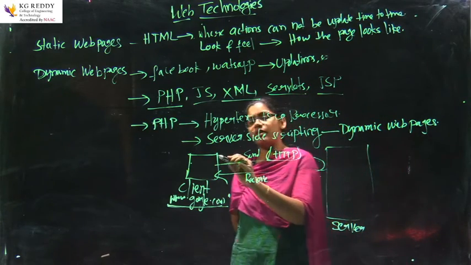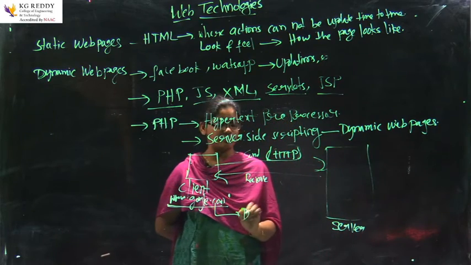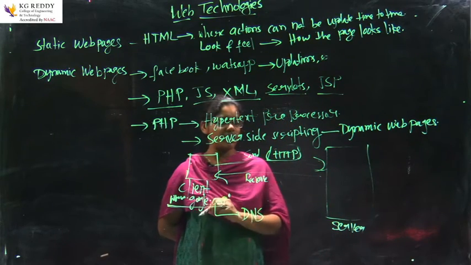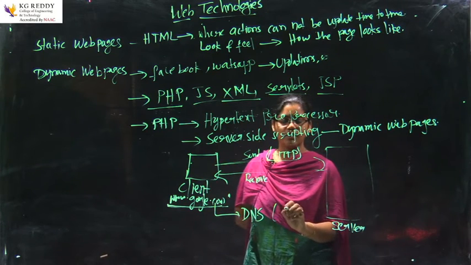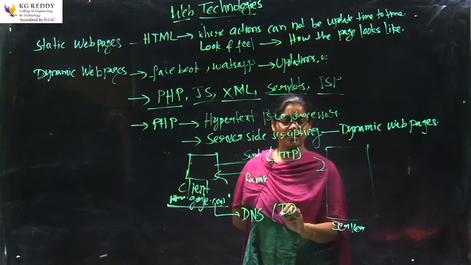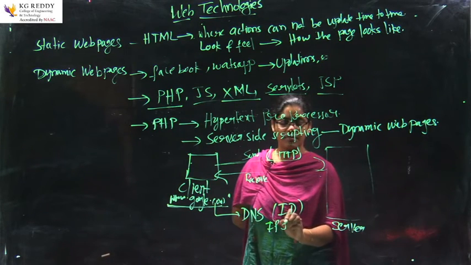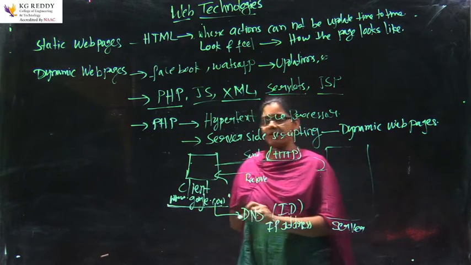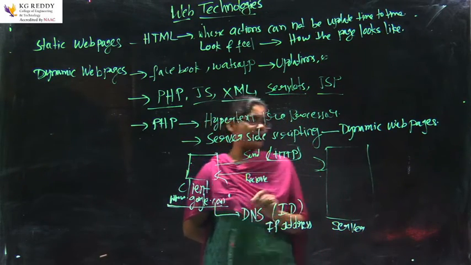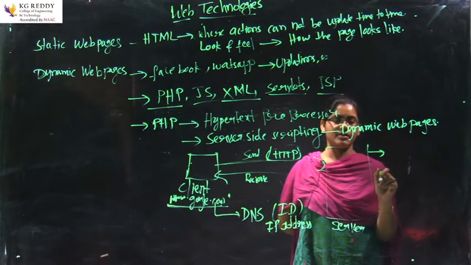Whatever the address, this is called the DNS. Whatever DNS is sent by the client will be stored as an ID, like an IP address. The server will maintain unique IP addresses.